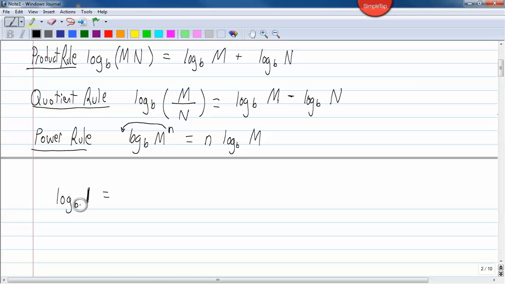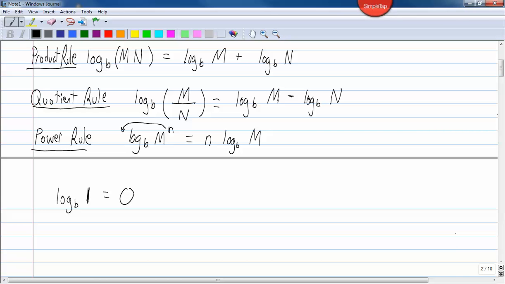No matter what the base is, if you evaluate the logarithm of 1, so it could be log base 10, which is the understood base, like if I didn't have a number down here as the base, log base 2, log base e, which I'll get into in a minute. If you evaluate 1, that's always equal to 0.